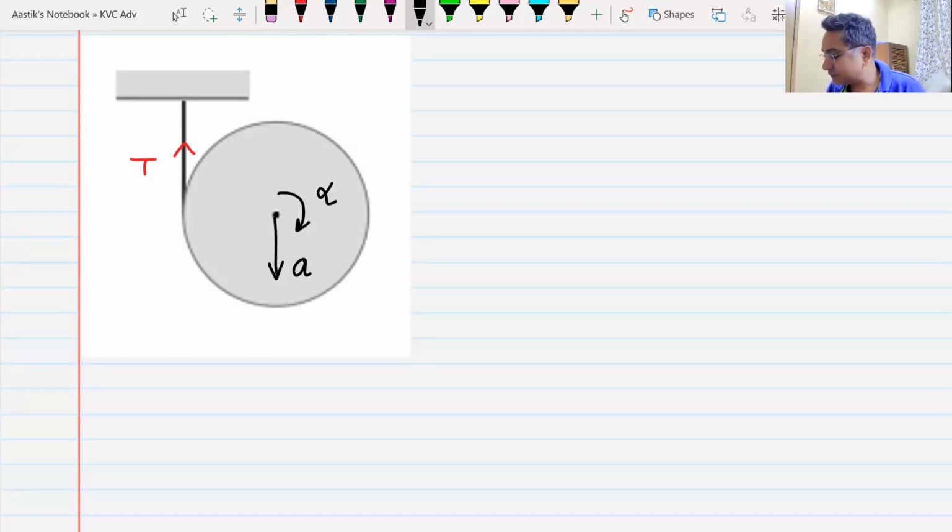Yes or no? If I say that the radius of this thing is R, can you find out the relation between alpha and R? Do we understand this, or has this gone above our head?